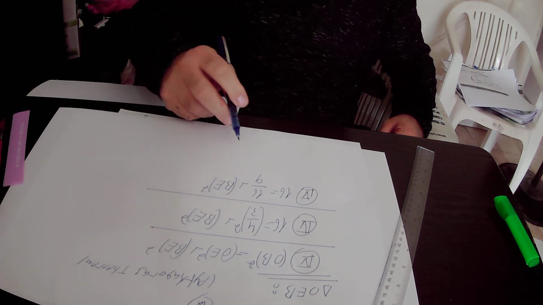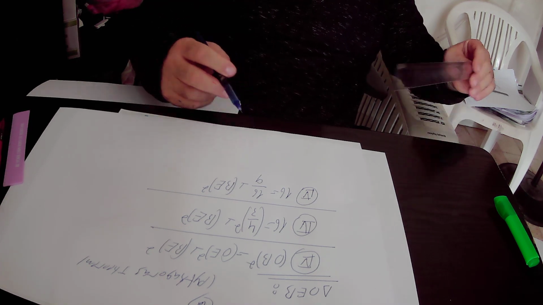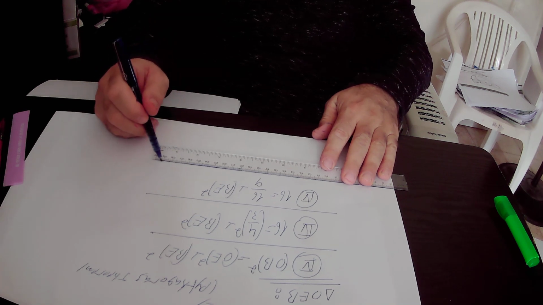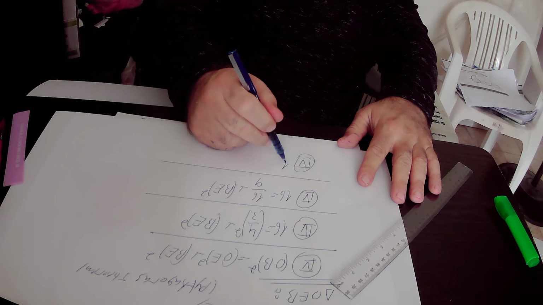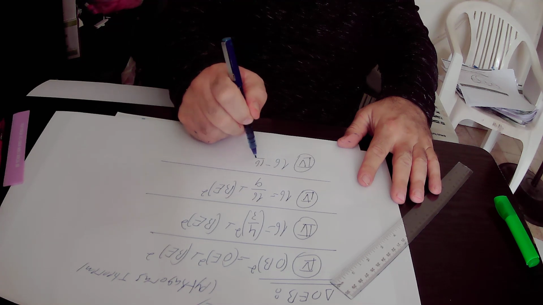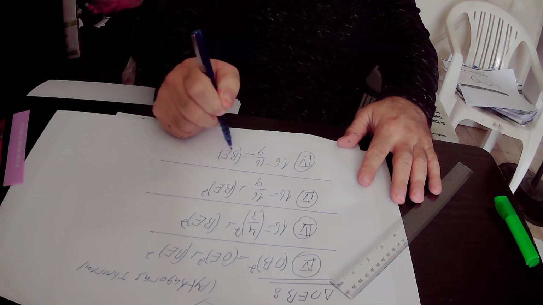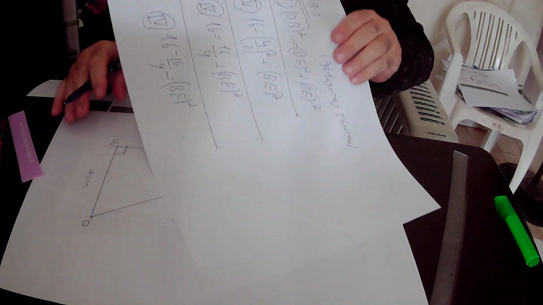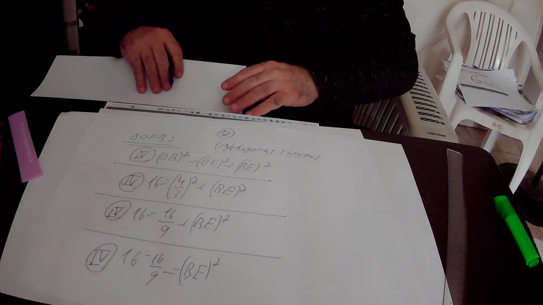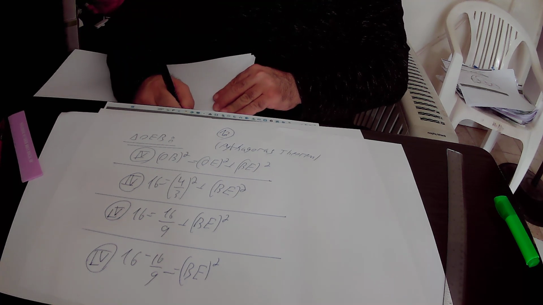We will subtract 16 over 9 from this equation, equation number 4, and we will get that 16 minus 16 over 9 equals BE square.